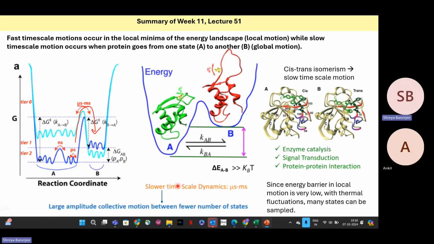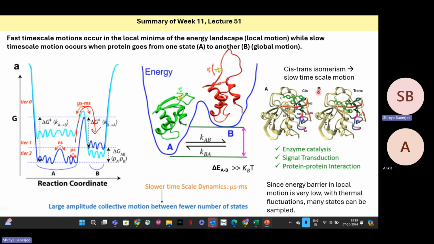So these slower timescale motions ranging from microsecond to millisecond are due to large amplitude collective motion, which basically means that the amount of motion is large. You can see from this state to this state, there is a lot of conformational change between fewer number of states. Here there are only two states, whereas in the local motion, there are so many local minima.